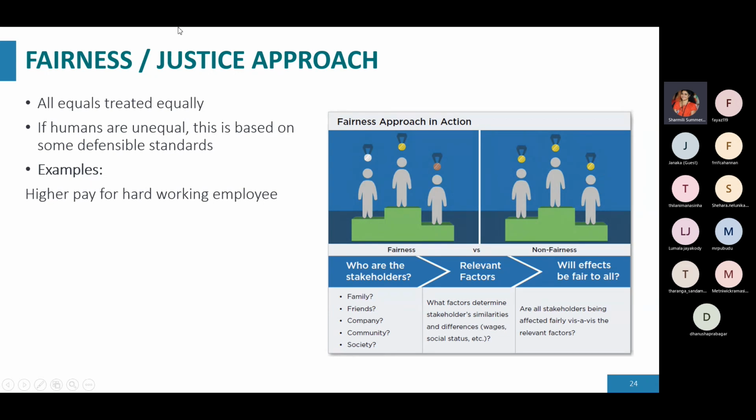But according to the justice and fairness approach, this is unfair because this person put in so much more effort than the second and third. So we need to reward him more when compared to the other two. This is acceptable according to the fairness or justice approach.